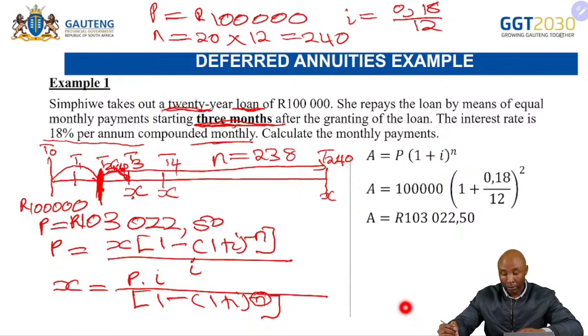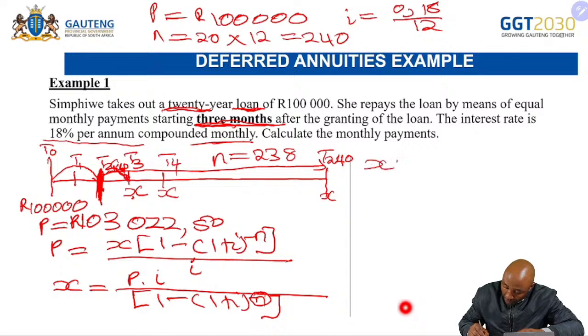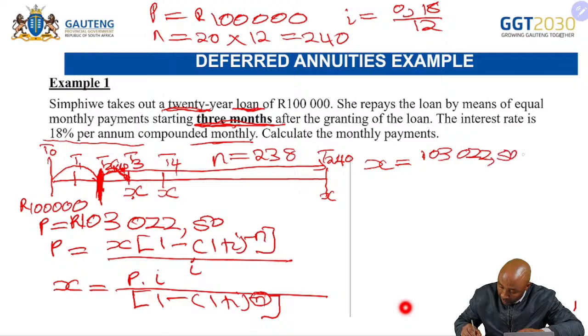Now I'm going to do the substitution. We said it's 103,22,50.